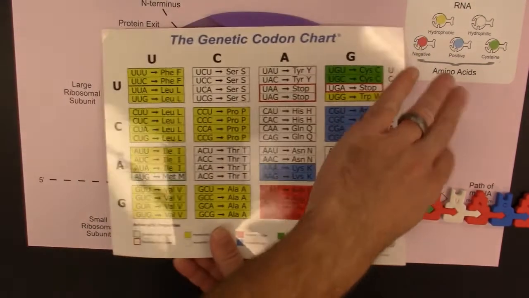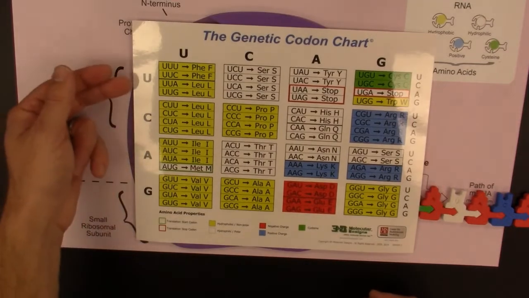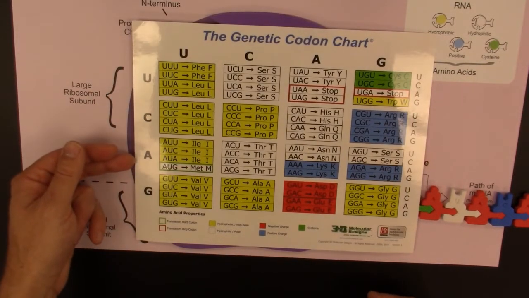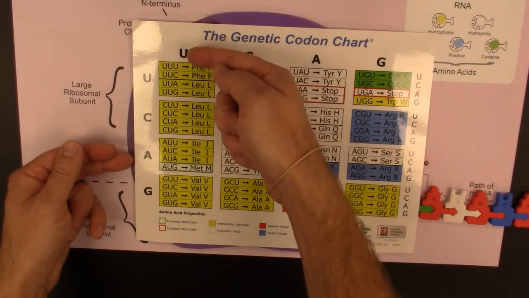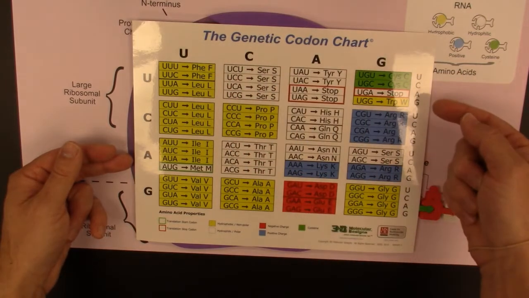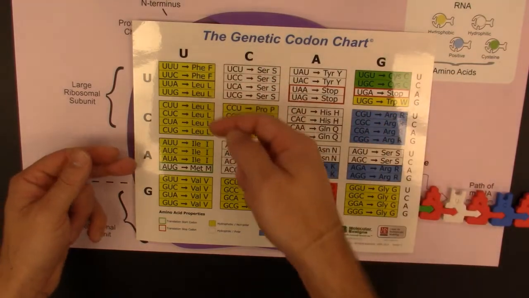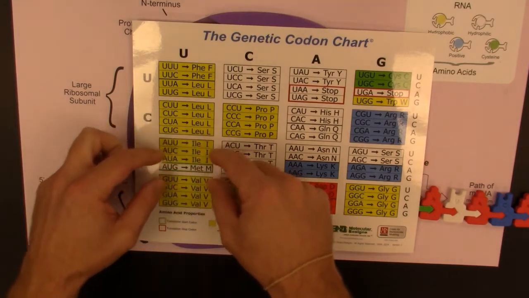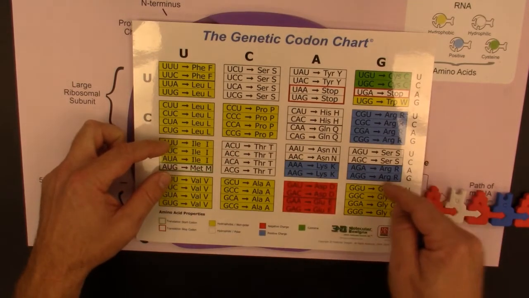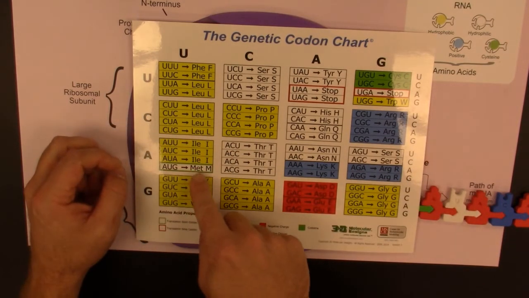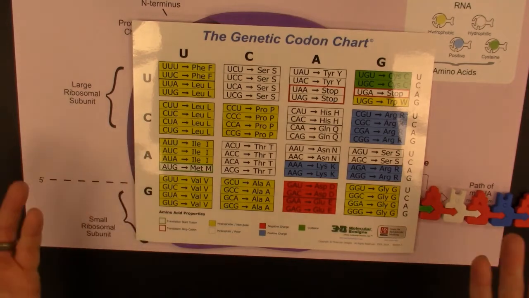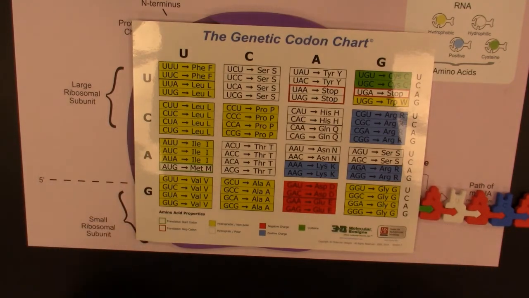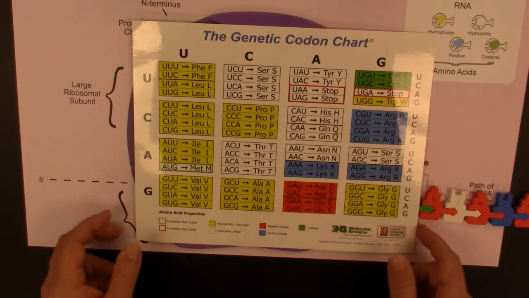Using the chart, I would start on the side, A, go to the top, U, and then go to the opposite side, G. So I'm in this row, and then I was in this column, and now that I'm in this box, I look for the G. There it is, AUG, methionine. So either way works, whatever you're comfortable with, go for it.